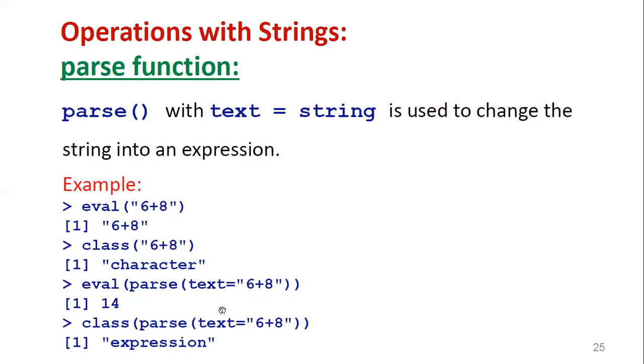Now the text is converted into an expression. The quotes are removed. Now it can be evaluated, 6 plus 8 equal to 14. If you find the mode of parse of text equal to 6 plus 8, the string is now converted into an expression.